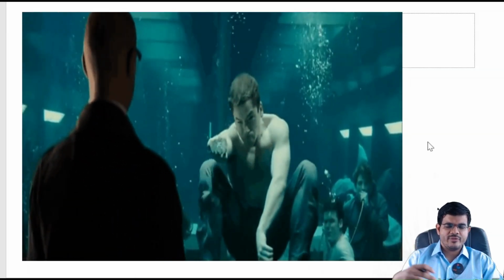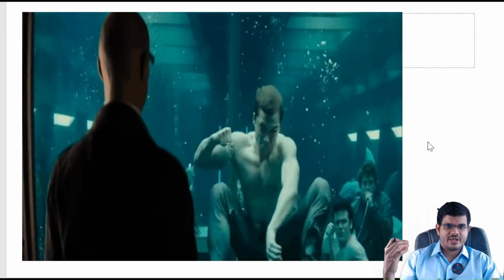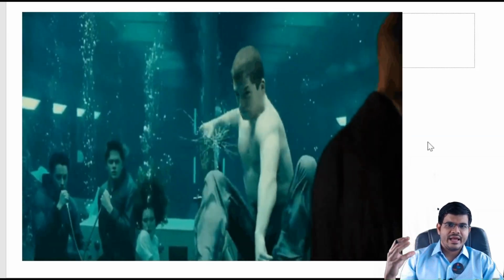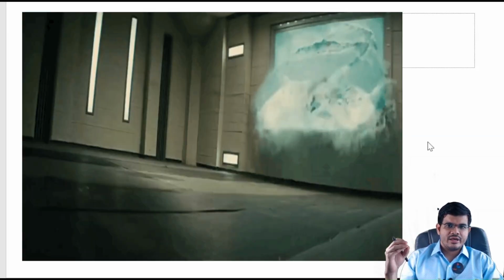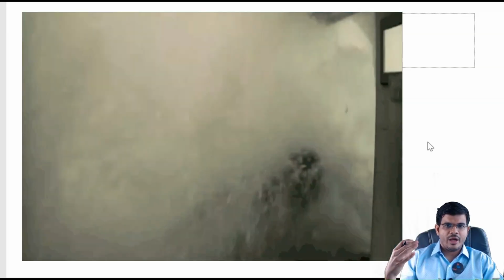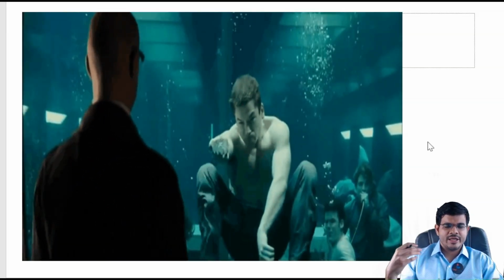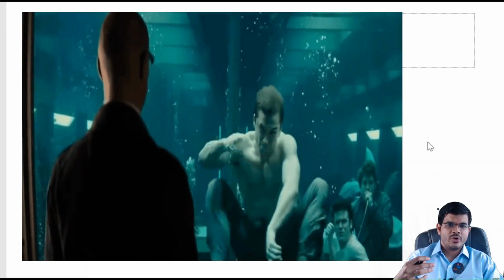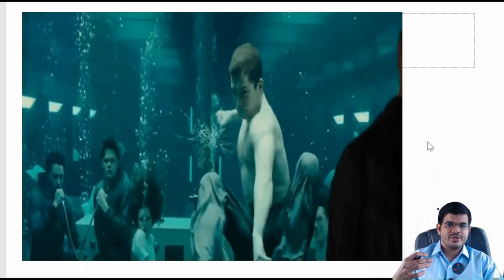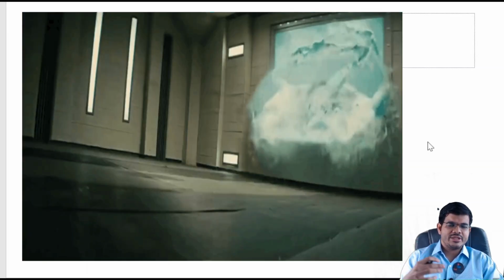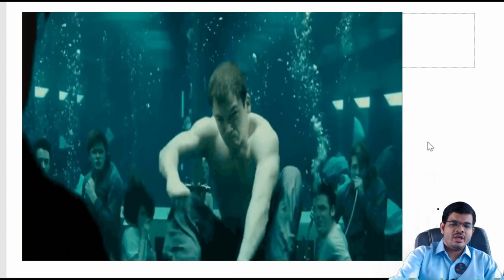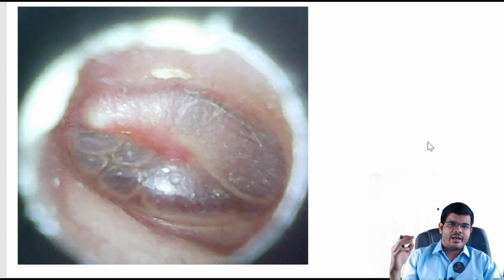Acute otitis media occurs due to infection, due to the ascent of the infection into the middle ear, and that can result in the fluid coming out, that is manifesting as pus coming out. Okay, so in otitis media with effusion, applying the same principle, we can actually bring out the fluid. And how is this being done? This is by putting a nick in the tympanic membrane.